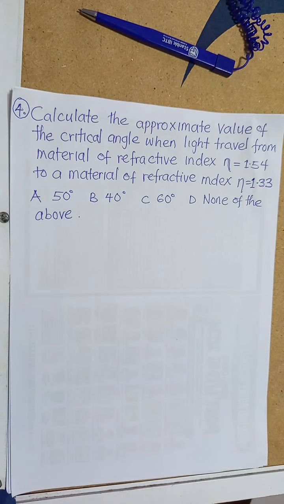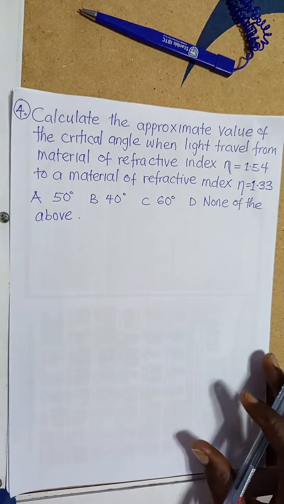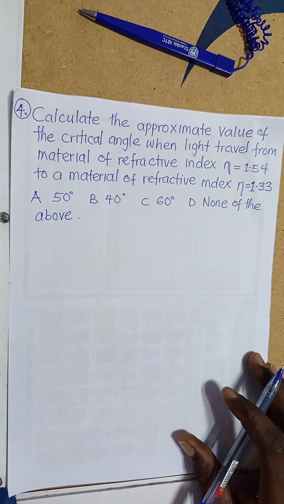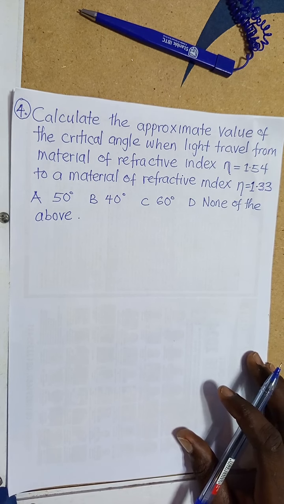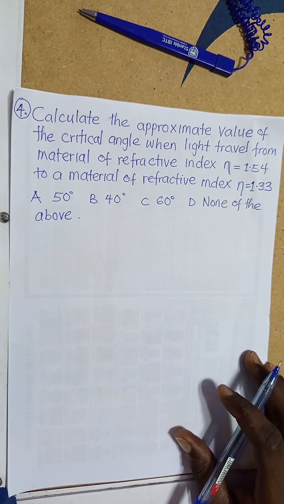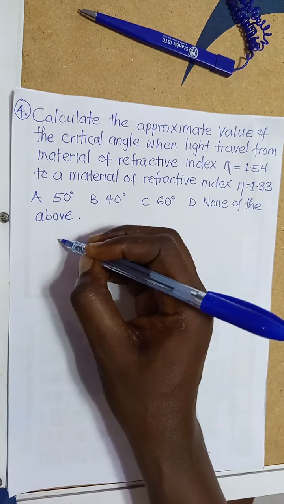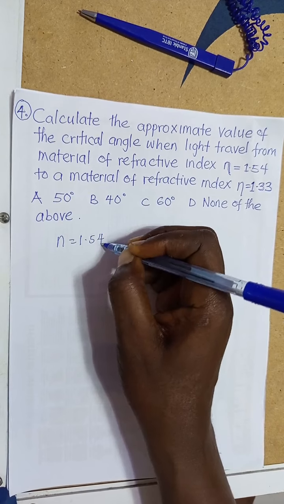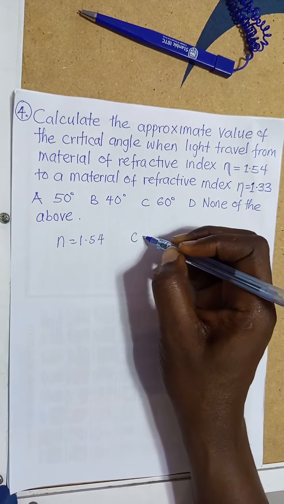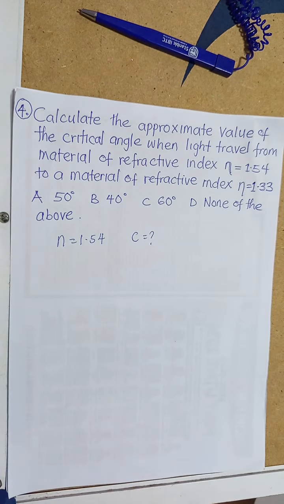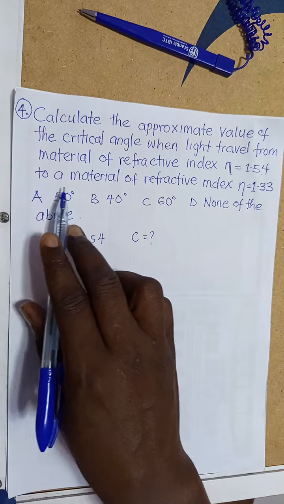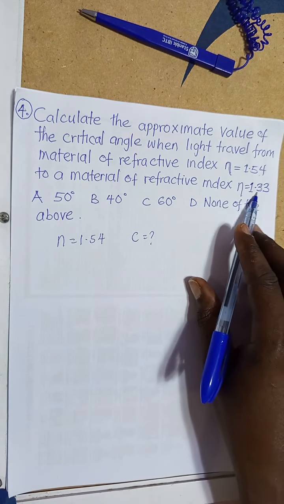In the next question, number 4, it said calculate the approximate value of the critical angle when light travels from a material of refractive index 1.54 to a material of refractive index 1.33. We are looking for the critical angle, which is unknown.